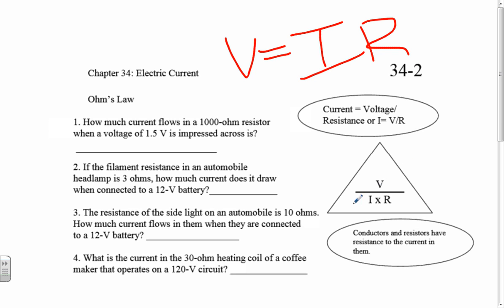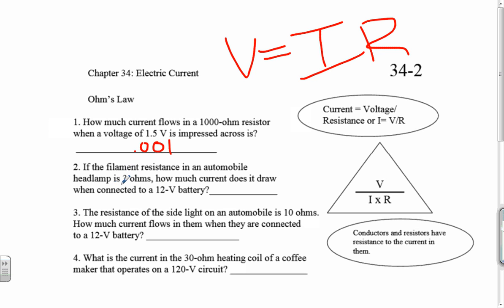If you want to do this little cheating thing here, you can. If I'm looking for current, I put my thumb over current, and that means voltage divided by resistance gets me current. So we're just going to do 1.5 divided by 1,000, and that will get your answer of 0.001 amps.